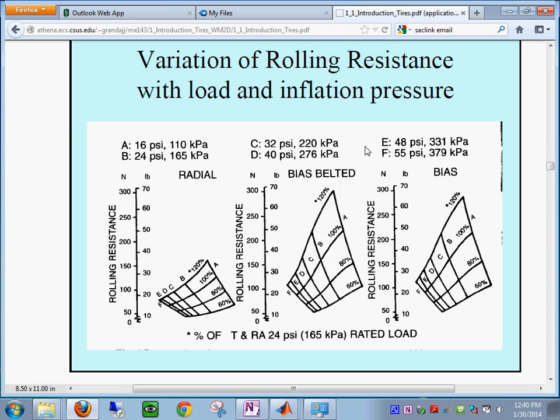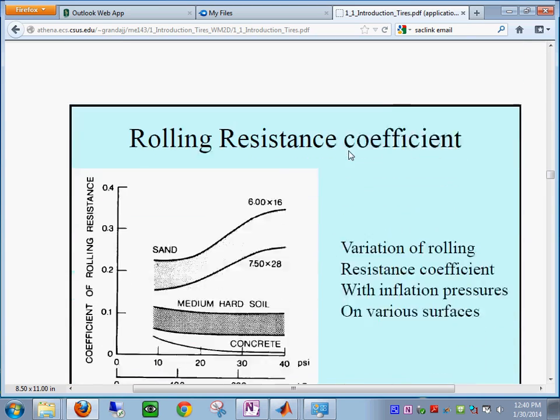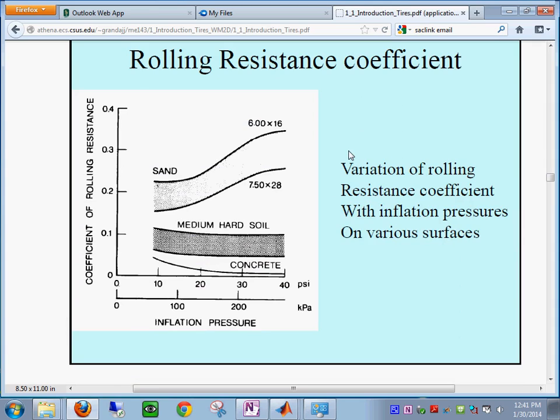This is a function of the pressure here. Now, in a different case of analysis of a road, you could see in there that sand is at the top.